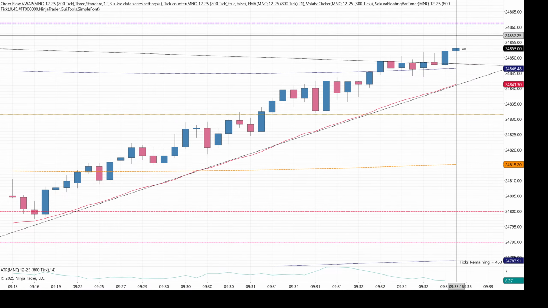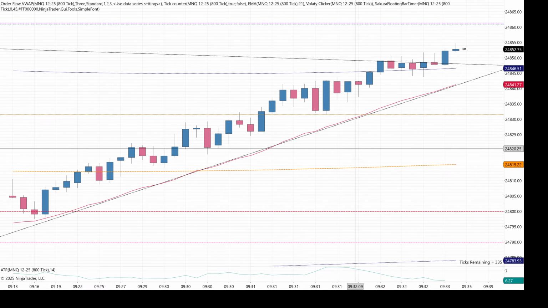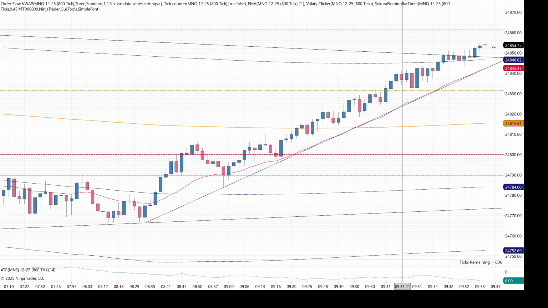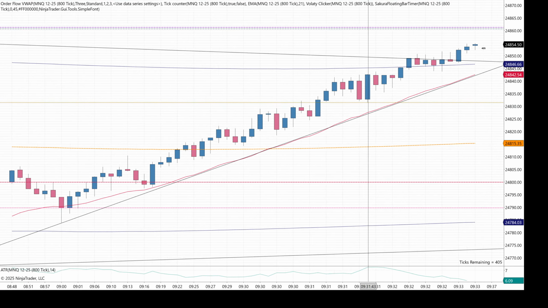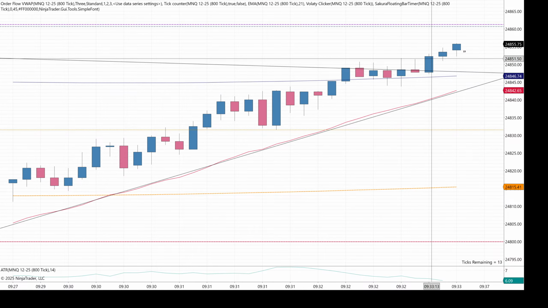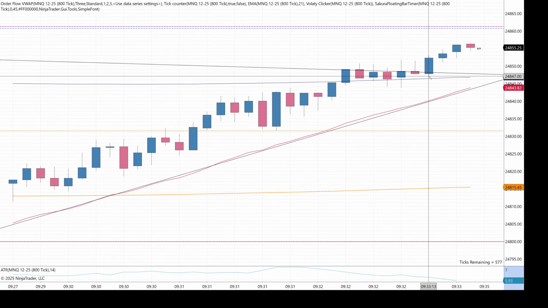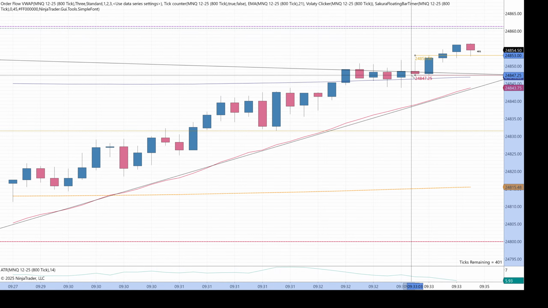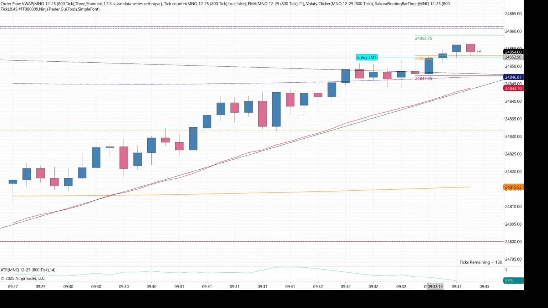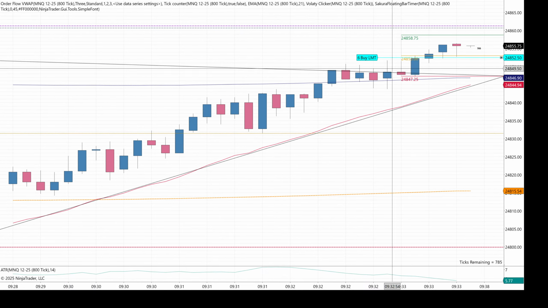All right, looks like we're trying to retest the gap fill here. Probably could have grabbed it right here.